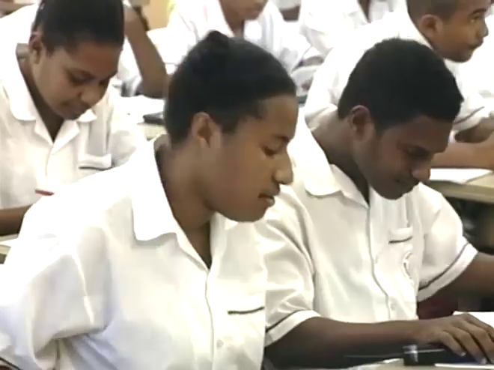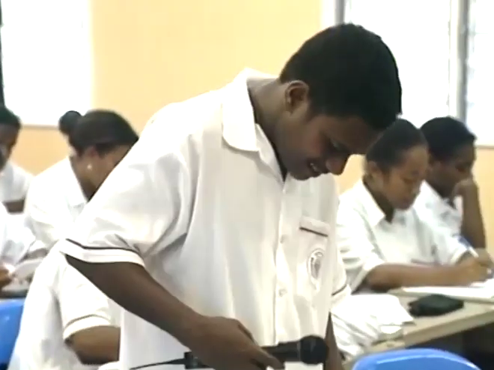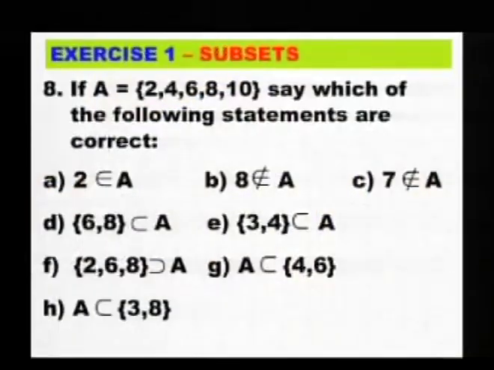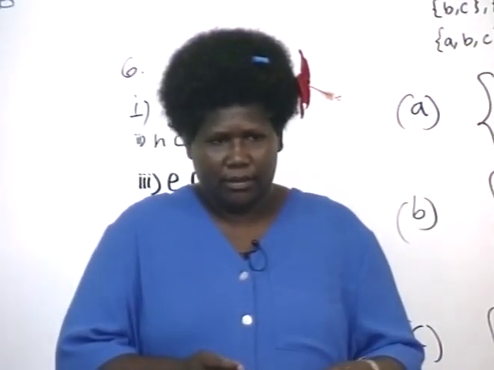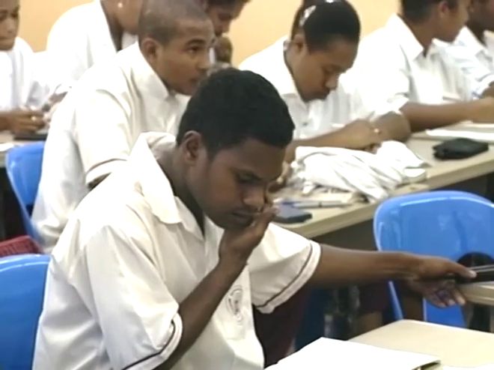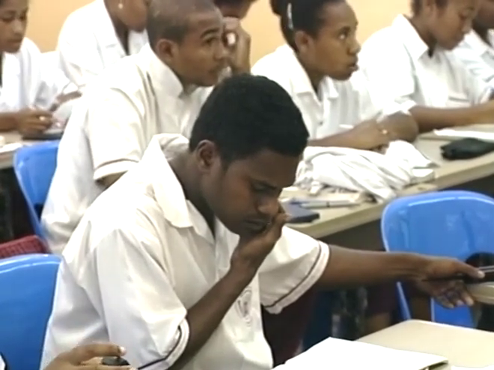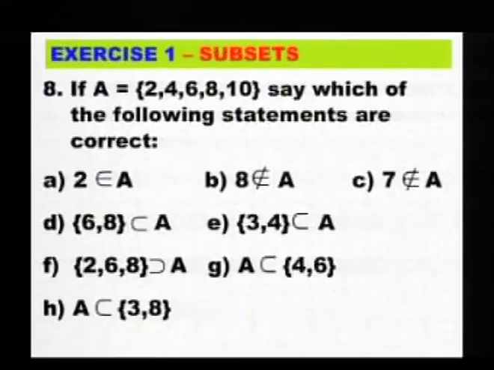The statement is incorrect because 8 is a member of the set. Good. C, Peter. 7 is an element of A is incorrect because 7 is not in the set A. Did you say correct or incorrect? 7 is not a member of A. Oh, you mean on your worksheet it says it's a member of.